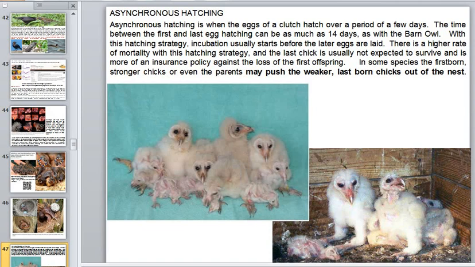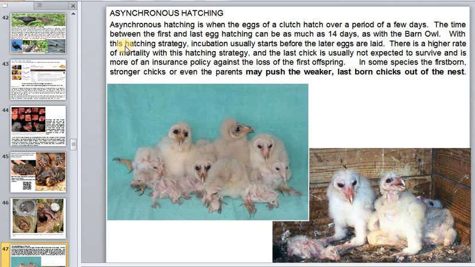Asynchronic hatching can be normal. It's normal in many families, and the eggs of the clutch hatch over a period of a few days, sometimes almost 2 weeks, like in owls.